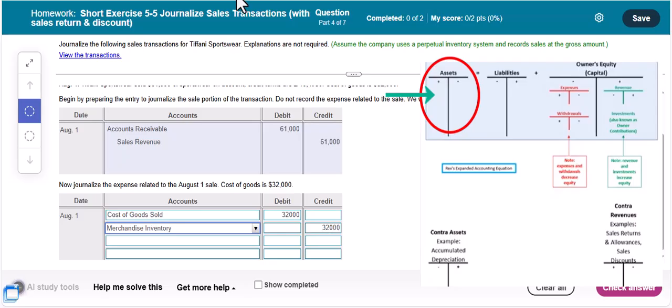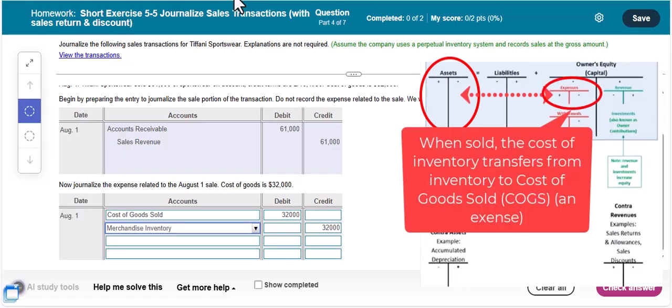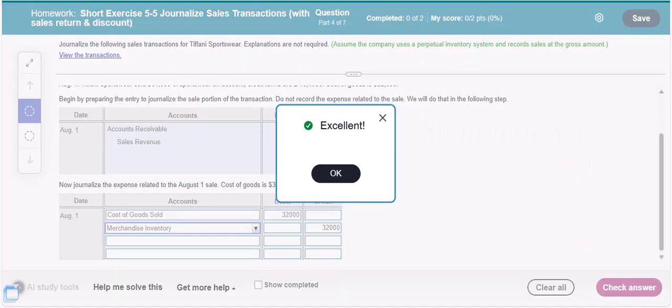But no, it's not an expense until you sell it. So when we first buy some inventory, we record it as an asset, so assets are going up during the purchase, and then when we sell, the inventory goes down. Basically we're transferring the asset to an expense called cost of goods sold. So our inventory never becomes an expense until we sell it, and the expense is called cost of goods sold. Let's go ahead and check that answer. Excellent.